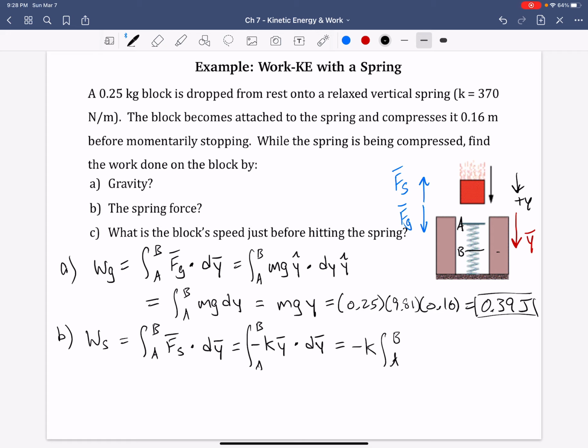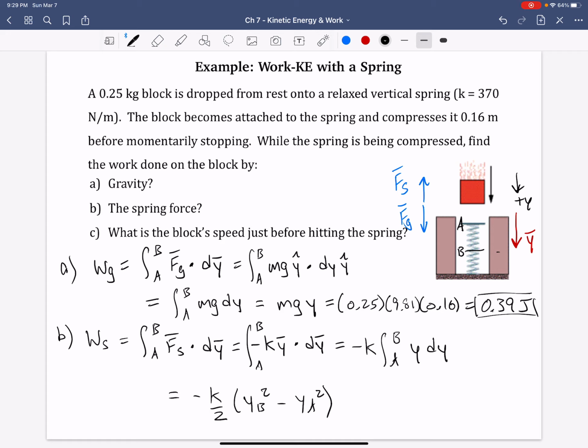So the magnitude is y times dy, and those are both in the same direction, so cosine of 0 is 1. And this will give us negative, okay, and then over 2, that's right, and then yb squared minus ya squared.